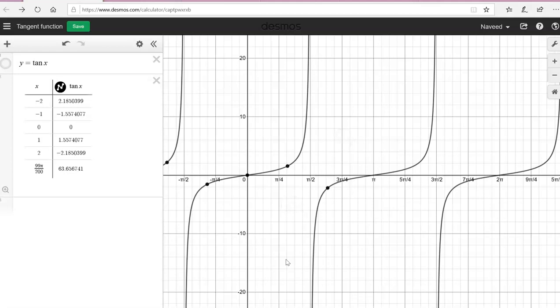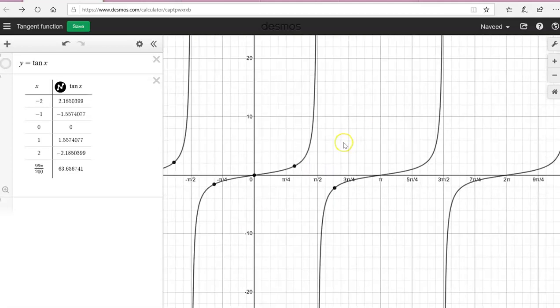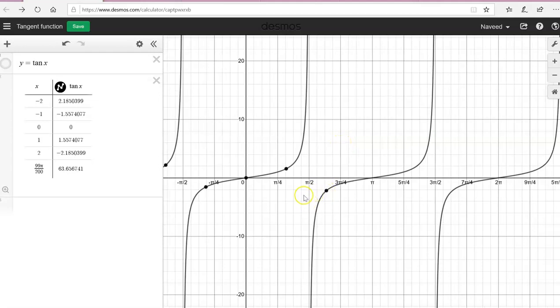Remember that minus pi over 2, pi over 2 and 3 pi over 2 were the asymptotes. These were the non-permissible values.